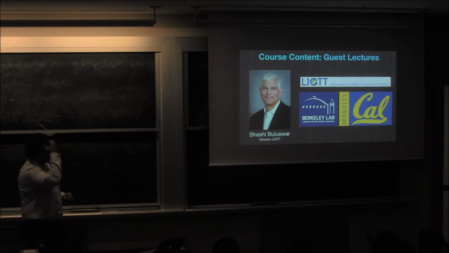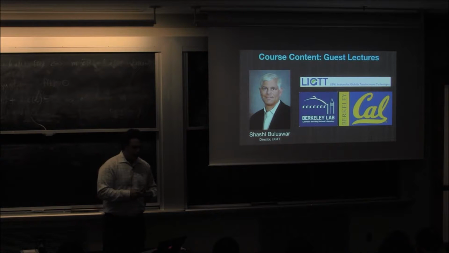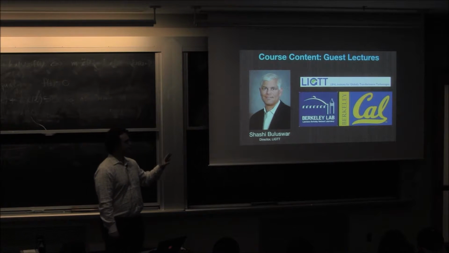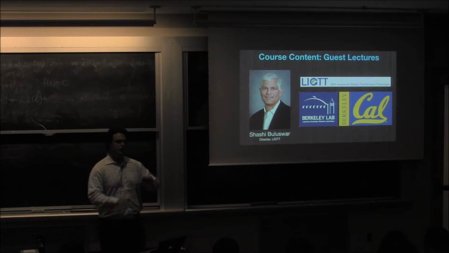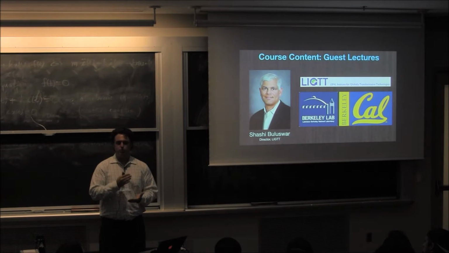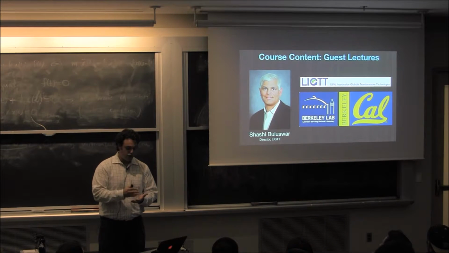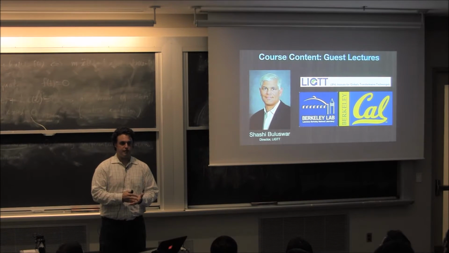We're also going to have Shashi Bolaswar coming, and Shashi runs an organization at Lawrence Berkeley National Labs called LIGHT. And what they did that is so awesome is they did this big few-year-long survey of what the 50 biggest breakthroughs that have to happen are in developing countries, technological breakthroughs to really change people's lives, right?